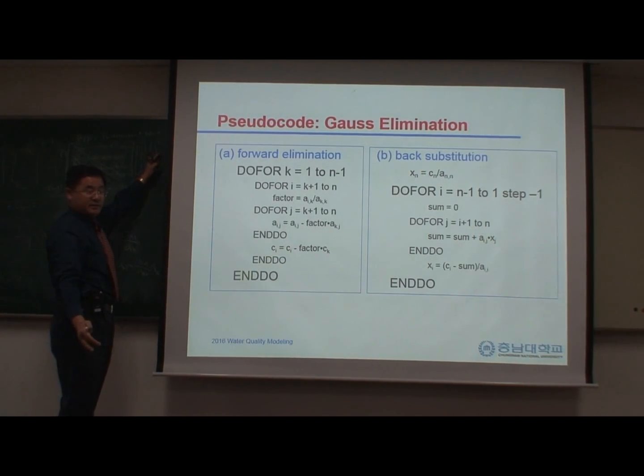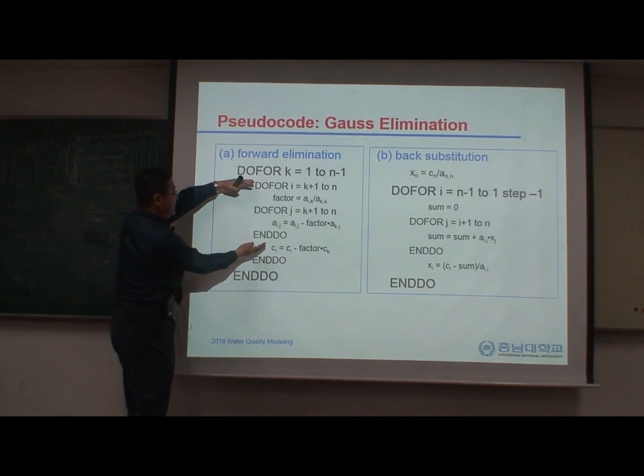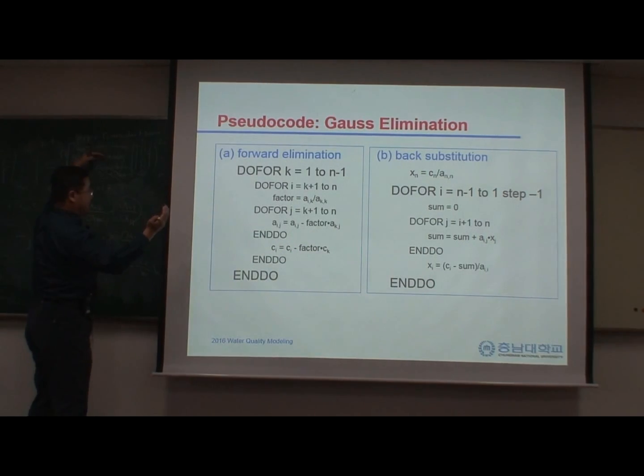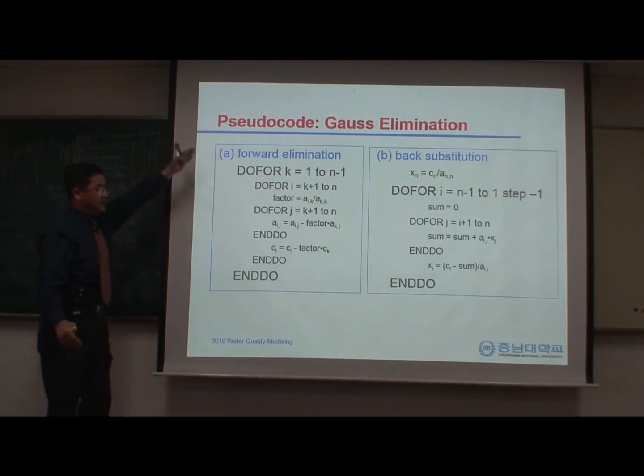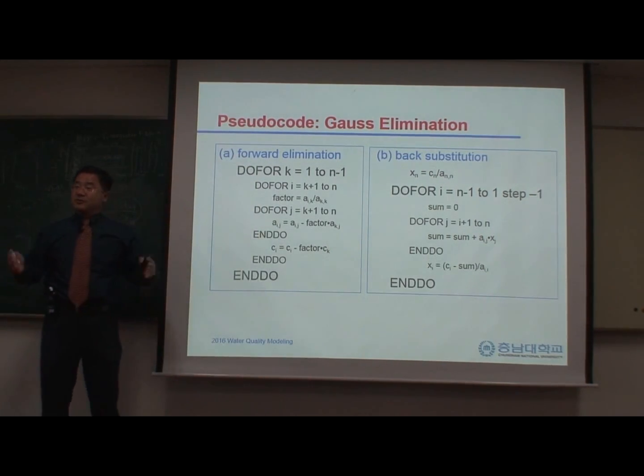Okay? So you would do that for second, third, fourth, and n. And after you're done, you just move to the next step and do the same thing again. Then this is going to be your code. Very much efficient. Okay?